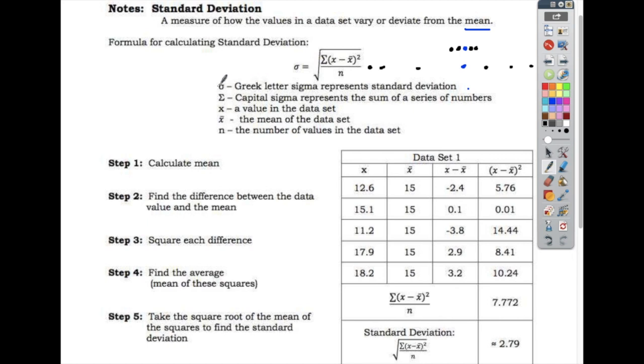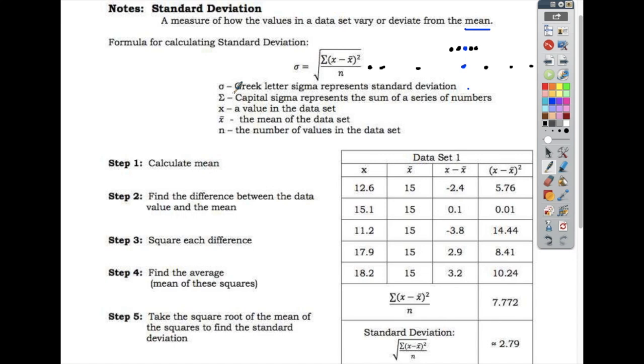This Greek letter sigma, it looks like a little O with a tail on it. That's the symbol that we're using to represent standard deviation. So it's kind of like a variable. It's just our symbol so that we don't have to write out standard deviation every time. This capital sigma represents the sum of a series of numbers.